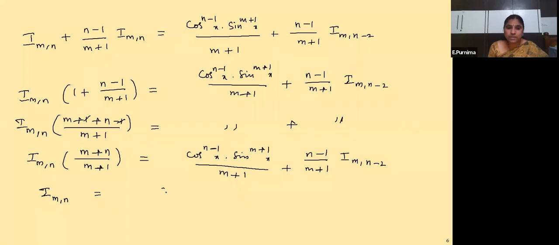So m plus n will be in the denominator: cos^(n-1)x · sin^(m+1)x by (m+n) is left here, plus (n-1) by, here also that m plus 1 is cancelled, children. m plus n will be there here, I_{m,n-2}.